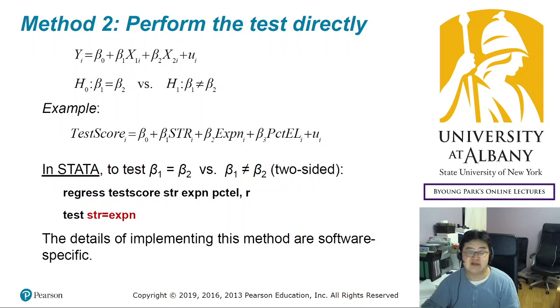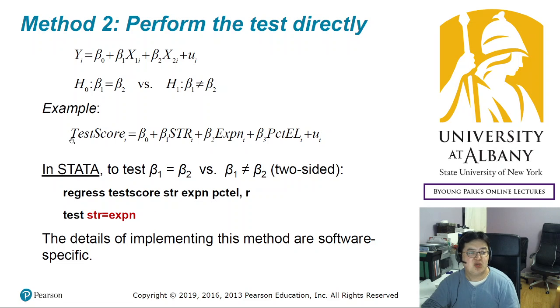The second approach is just not doing anything, but letting Stata do the work. What you need to do here is just know this command. Just type test student to teacher ratio equals expenditure per student.